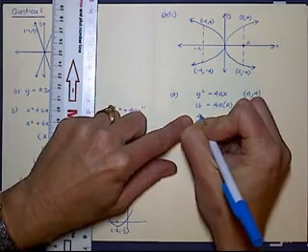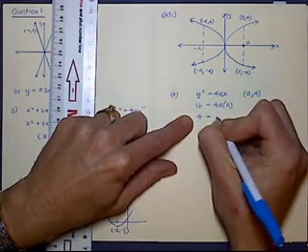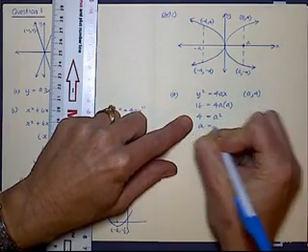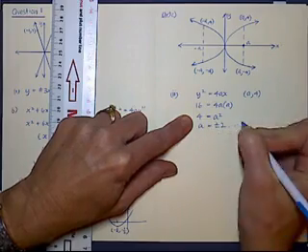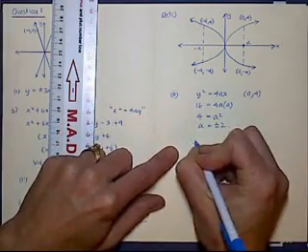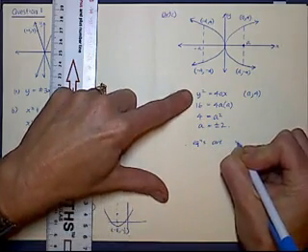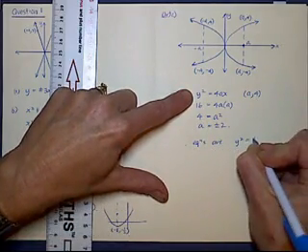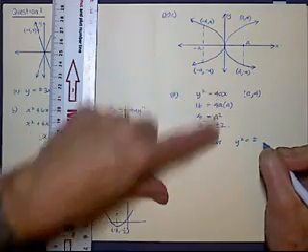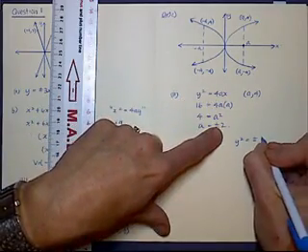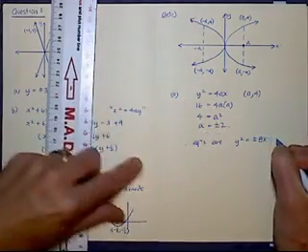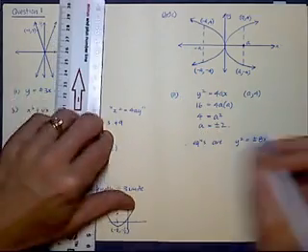So dividing by 4 both sides, 4 is equal to a squared, or a is equal to plus or minus 2. Therefore the equations are y squared equals plus or minus 4 times a, which is 2, so that's 8x. Y squared equals plus or minus 8x.